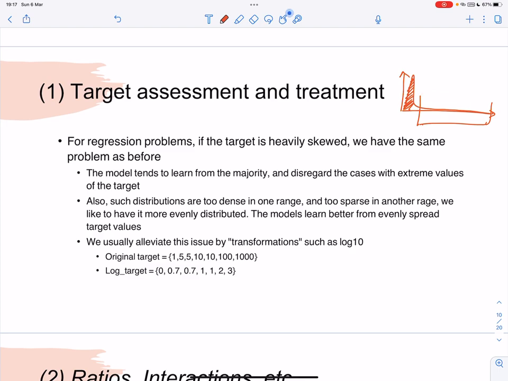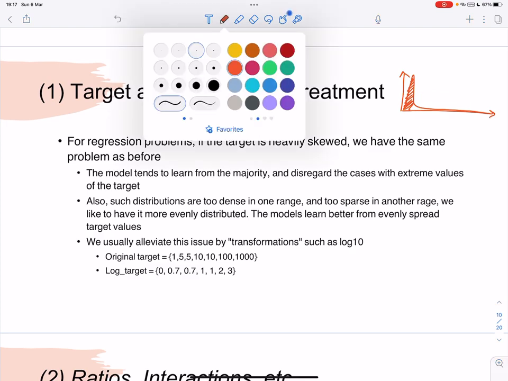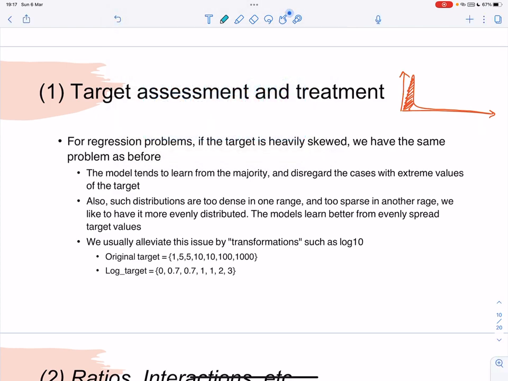Well, if we can transform this distribution somehow to have something like this, then the skewness would be alleviated, and therefore the situation would be better.